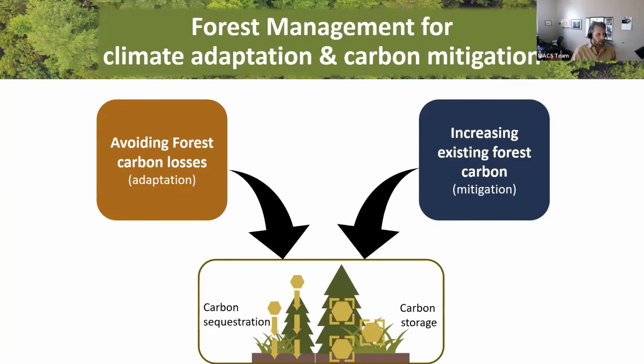And the mitigation piece or the carbon management piece about increasing existing carbon stocks or increasing sequestration. And where we find that overlap is then we can also think about things like, well, how can we be setting the system up to be adapted to future conditions so that it can be both increasing our sequestration rates as well as avoiding those losses from stressors or from disturbances.